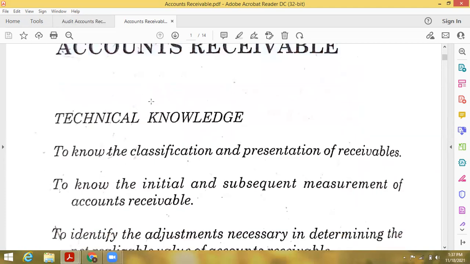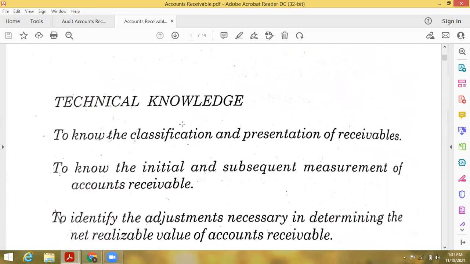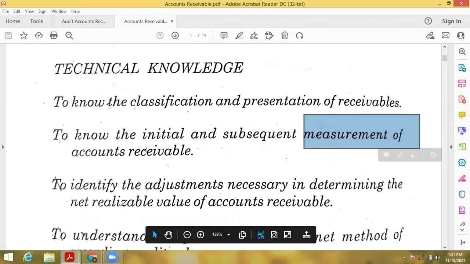We have to know the classification and presentation of receivable. How do we classify accounts receivable? How do we present it? Then the initial and subsequent measurement. How do we measure accounts receivable?